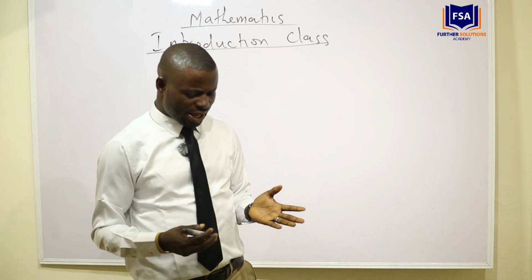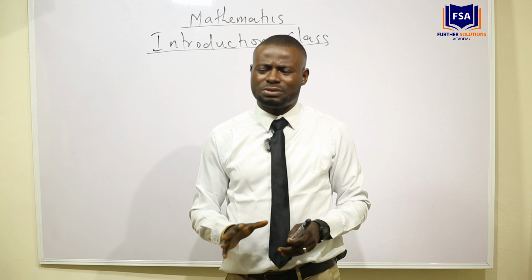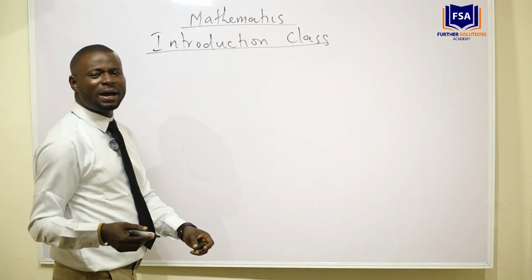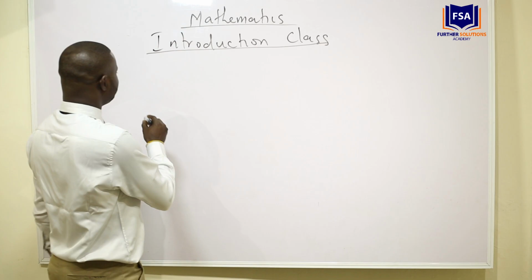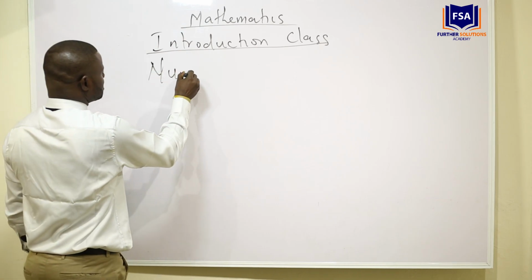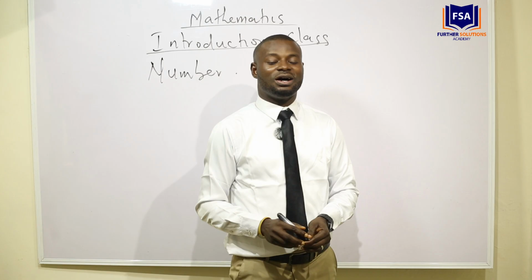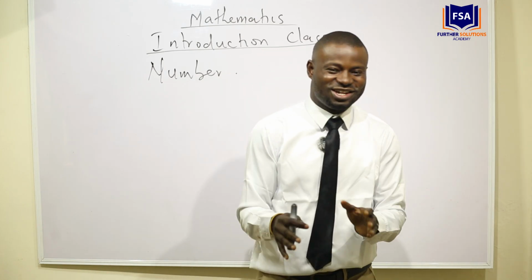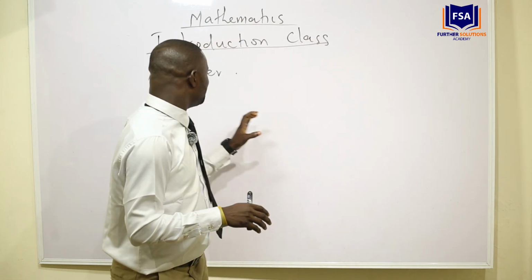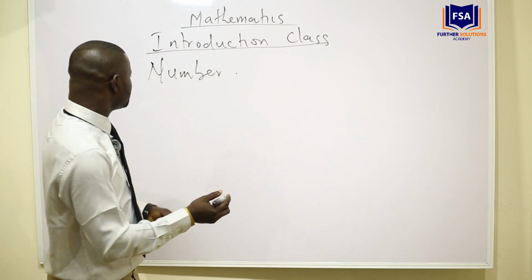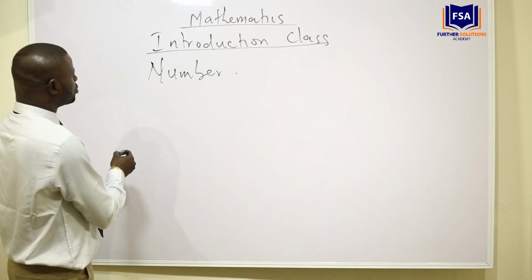Now, I will try as much as possible to break mathematics into 5 branches. Do you get me? In normal layman's terms, we'll use numbers as the first one. If you want to make it advanced, I would use the word numerical, but let me use the word numbers. I will also talk about what is called shape.